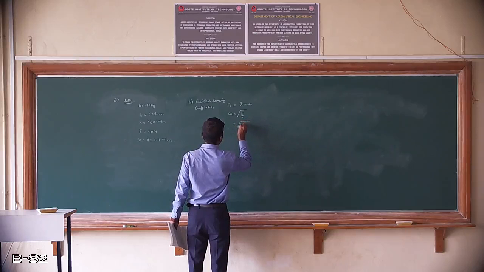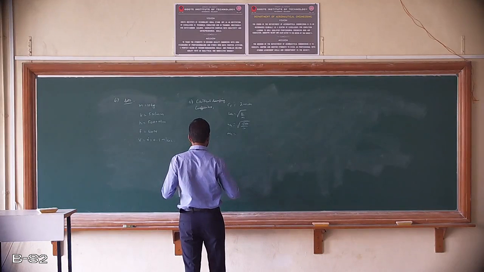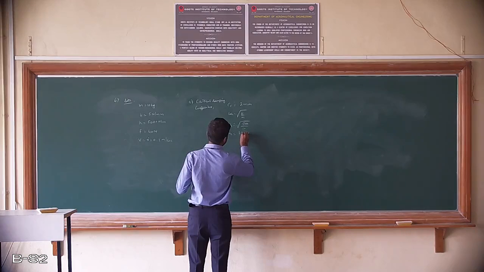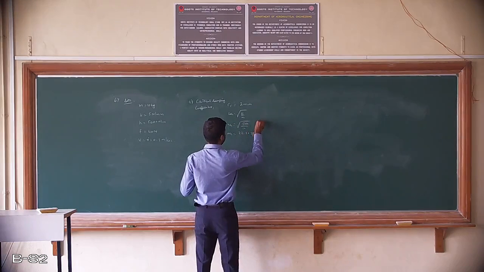The value of K is given as 5000 divided by M, which is 10 kg. So the value of omega n is found out to be 22.36 radian per second. So substitute it here.